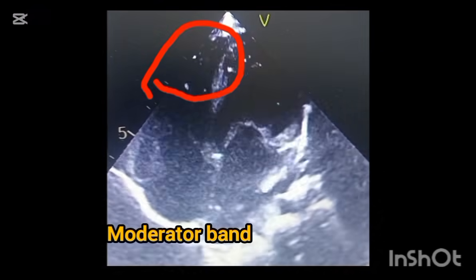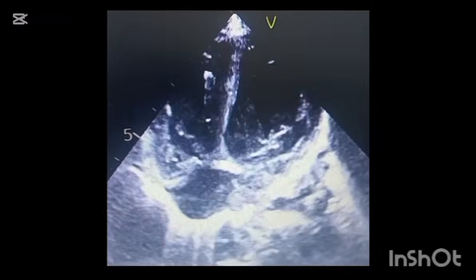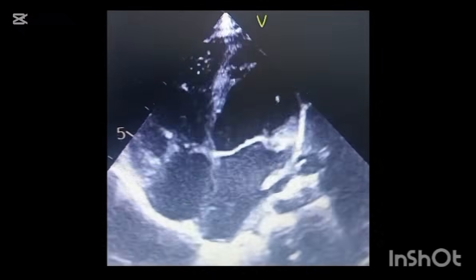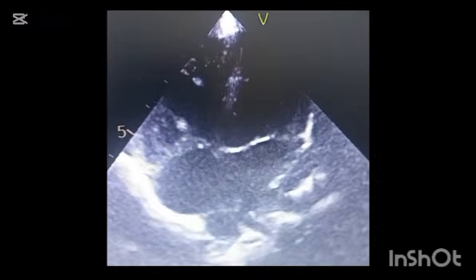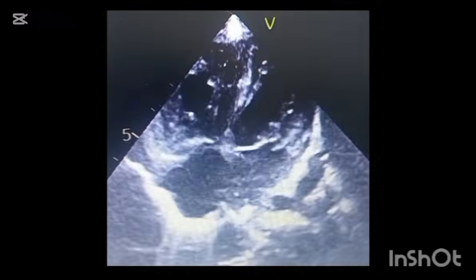In this clip, as we see the warfarin ridge of the left atrium as a normal variant, we also see the right ventricular moderator band and septomarginal trabeculations.